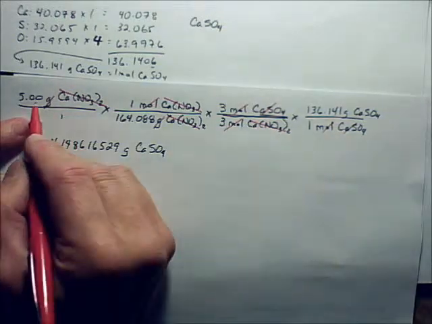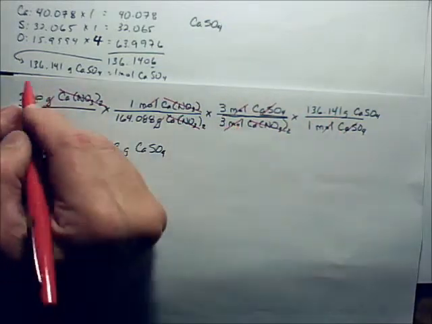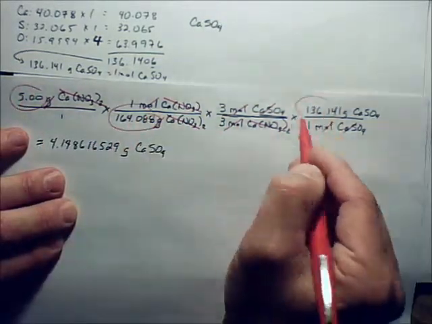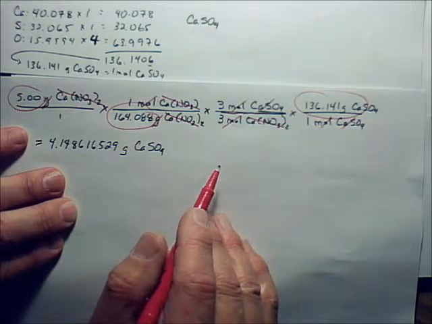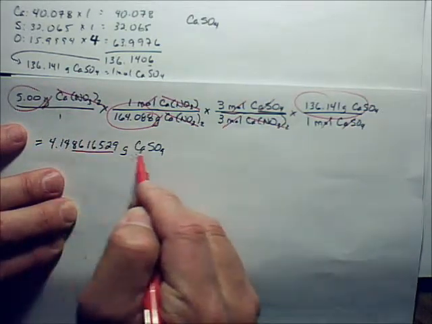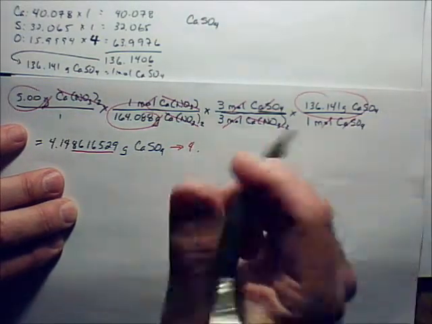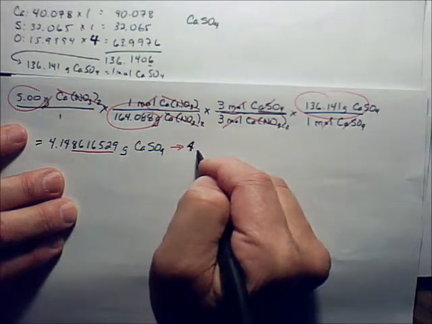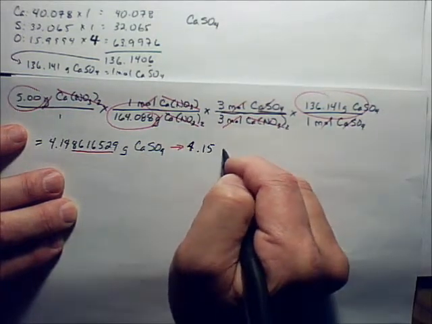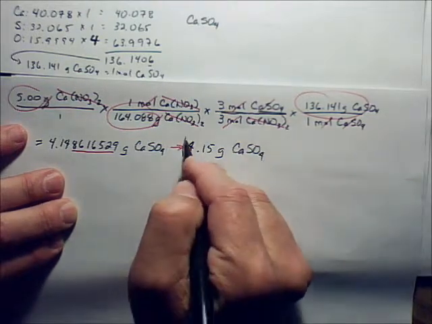So we only look at this number and this number. This one has the least digits, so we want 3 digits and underline everything else. Draw a line, and you get 4.15 grams of calcium sulfate. And there's your final answer.